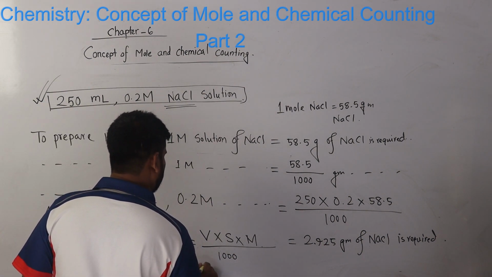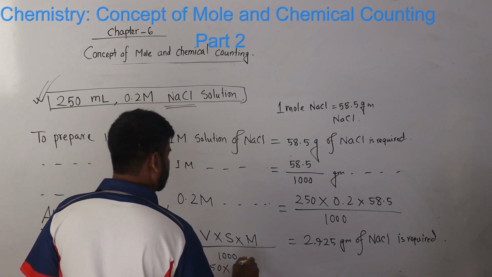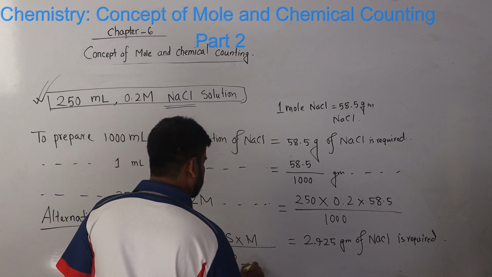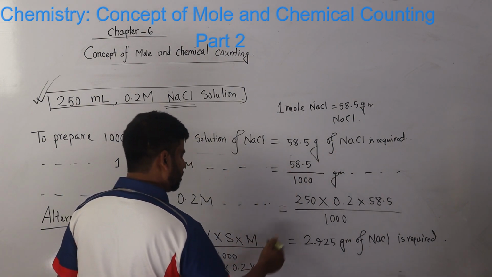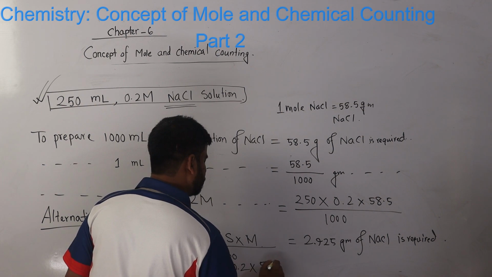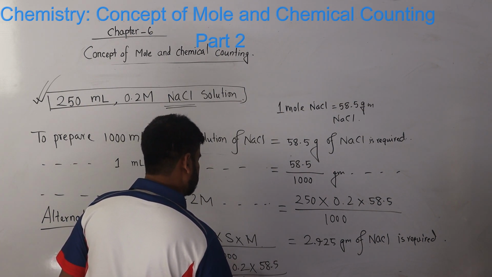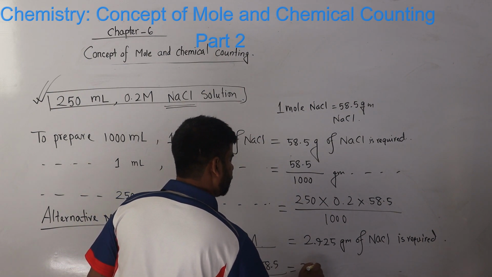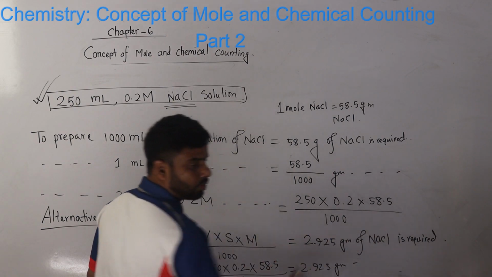So here volume is 250 and molarity 0.2 molar, and molecular mass of sodium chloride, that means solute, 58.5 gram, divided by 1000. So we need 2.925 gram of sodium chloride.